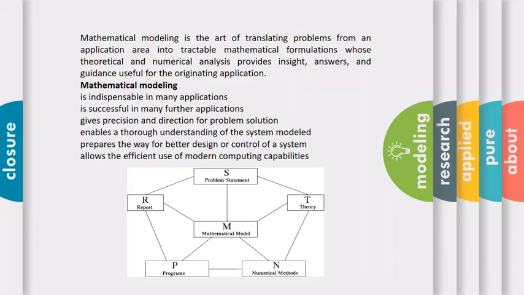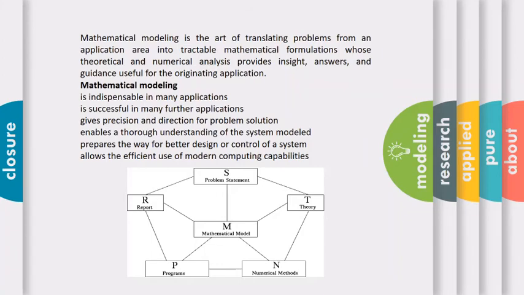Mathematical modeling is indispensable in many applications, is successful in many further applications, and gives precision and direction for problem solution. A thorough understanding of a system modeled prepares the way for better design or control of a system, and allows the efficient use of modern computing capability.